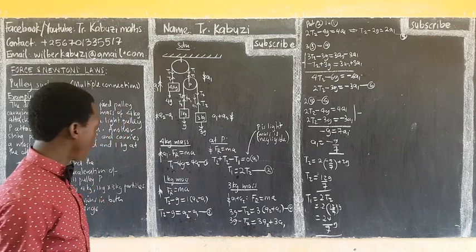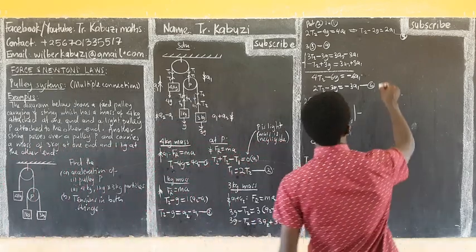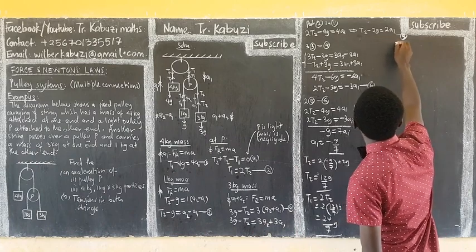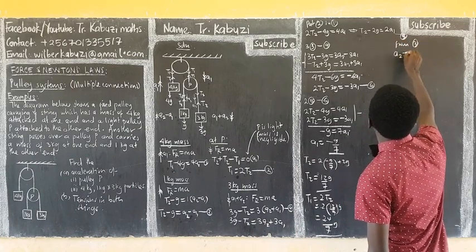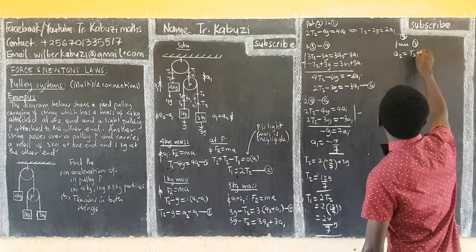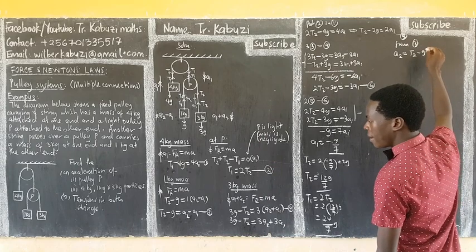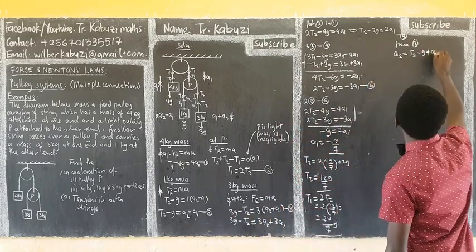If I can get A2, which one is easier to get A2? From 3, I'm going to use this now. From 3, this A2 is going to be T2 minus b plus A1.